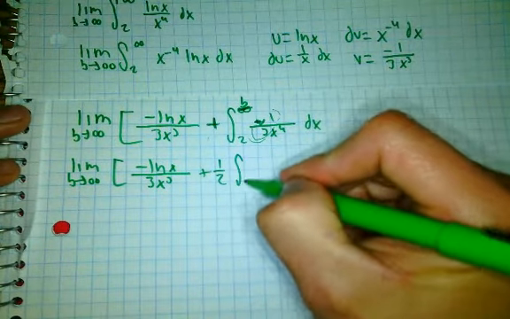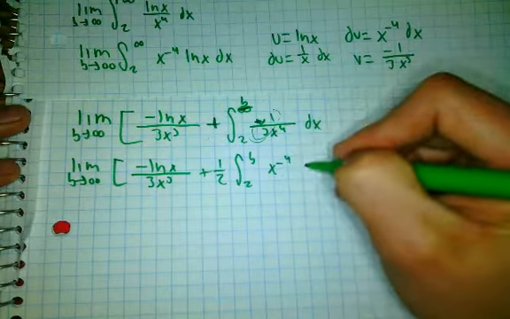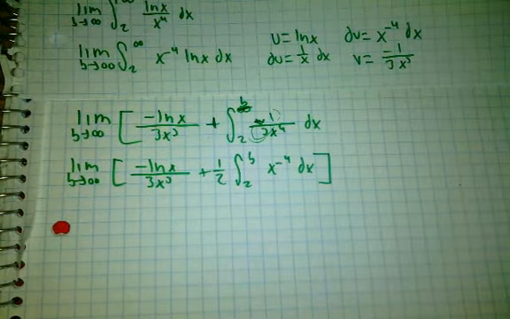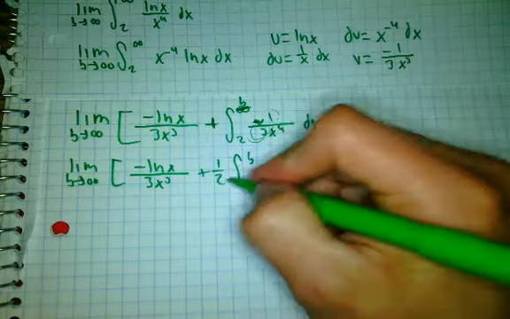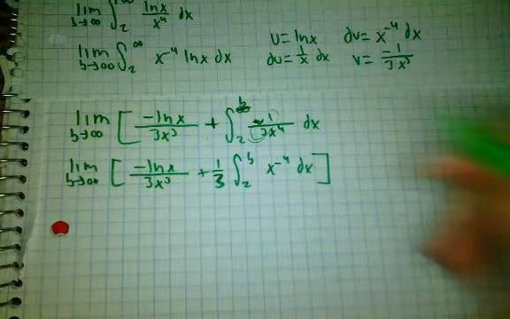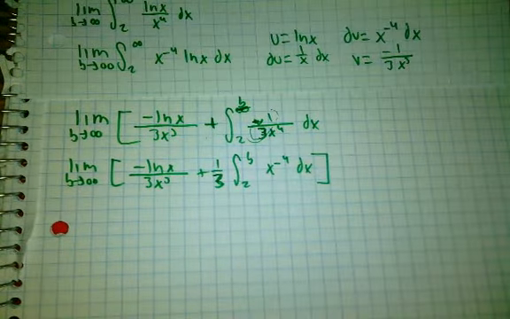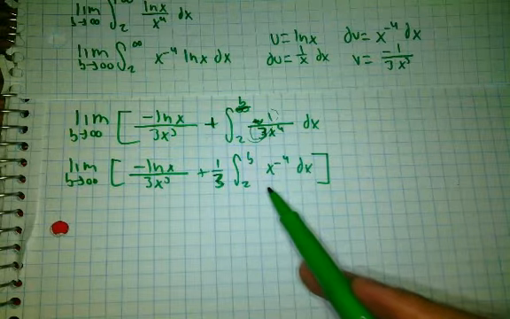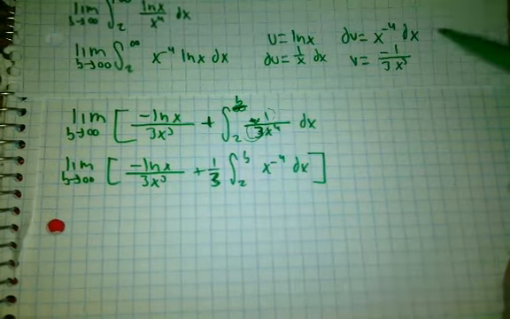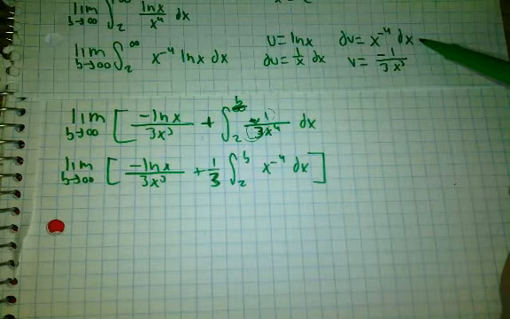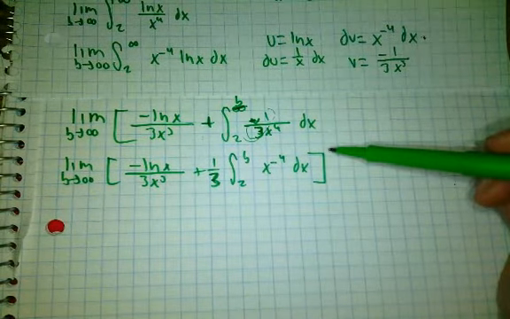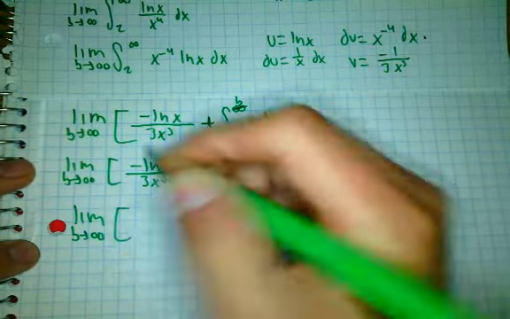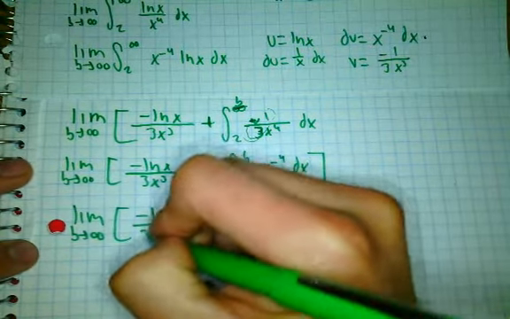And I really like seeing that because I've already done it. I mean 1/3. Thank you. Right, because there was a 3 here. So I pulled out a 1/3. I like what I see here because I've already done it. Where did I do it? Over here. Remember? So I know the answer to this already. So the limit as b approaches infinity of negative natural log of x over 3x to the third. Now the integral of this is negative 1/3 x to the third, right?